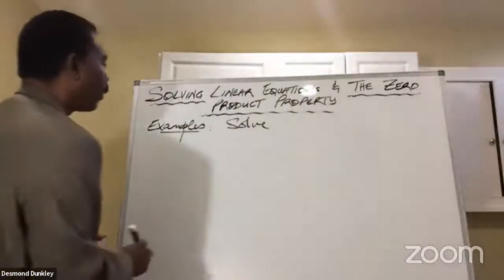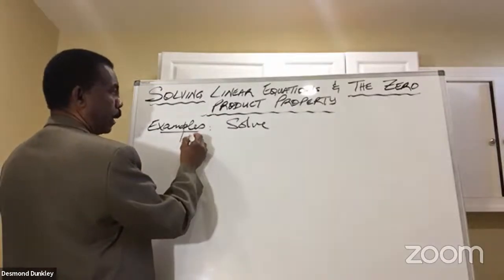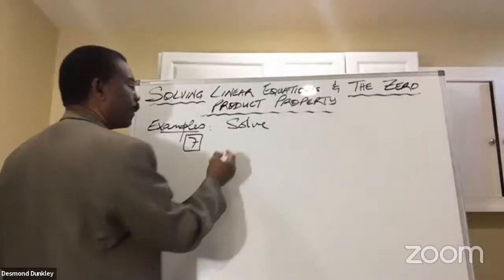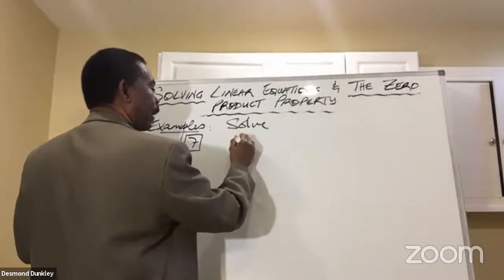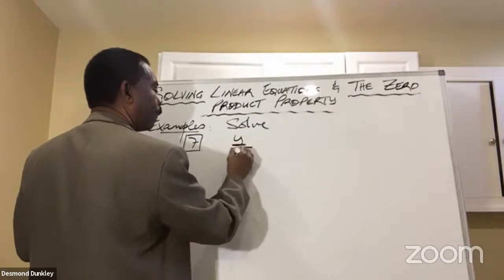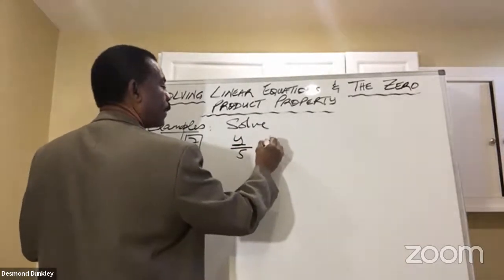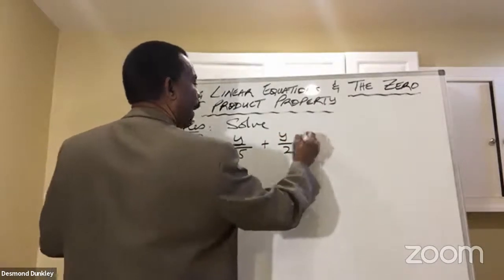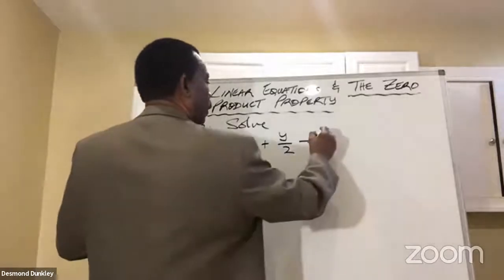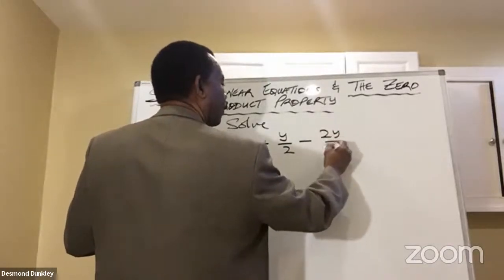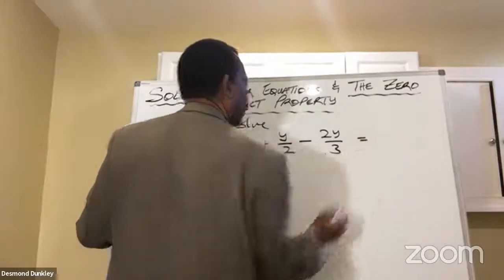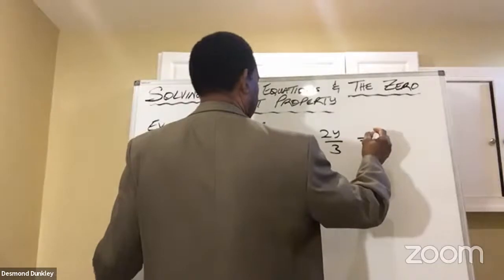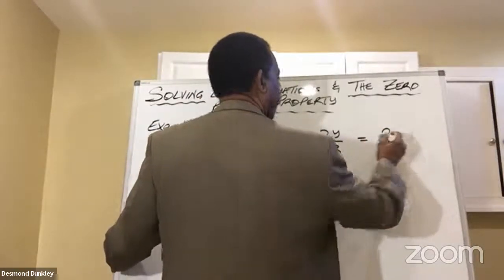What happens if you have a question like this? This is number, I guess, 7. I don't remember. I've lost count. Suppose we have something crazy like this. y over 5 plus y over 2 minus 2y over 3 equal to 2.